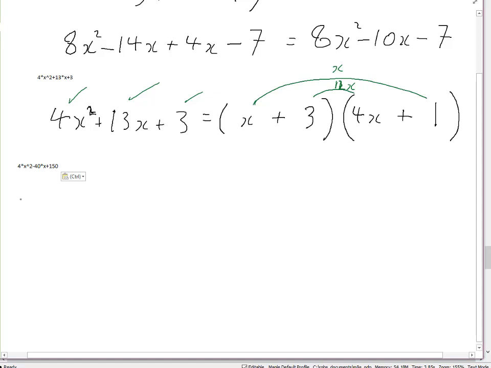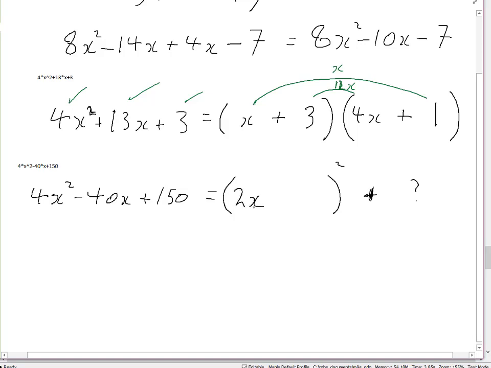So here we have 4x squared minus 40x plus 150. And I want to put it into this form of a squared thing plus or minus some unknown thing here. So it's going to have to be 2x.